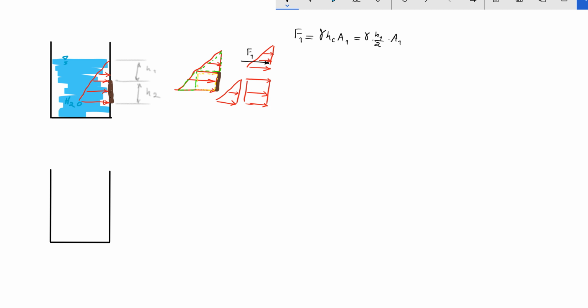F2 is going to be the resultant force for uniform pressure. Because this is uniform, we already talked about it, you just need to know what the pressure is at the top or bottom, because it's uniform, everything would be the same. So it is going to be gamma H1 times area number 2.